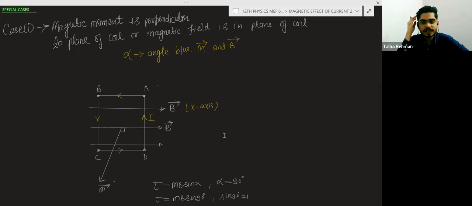It is not necessary that you are placing a rectangular or square shaped coil in a magnetic field. There can be a circular coil also in the magnetic field.